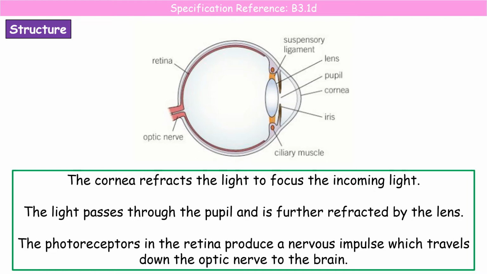The lens is the main place of refraction, but a small amount does happen in the cornea. What we should find is that that should then bring our light to perfect focus on the retina itself. The retina contains these photosensitive cells that are then going to cause an electrical impulse to be sent down the optic nerve, which then takes the information to the brain where we process it.